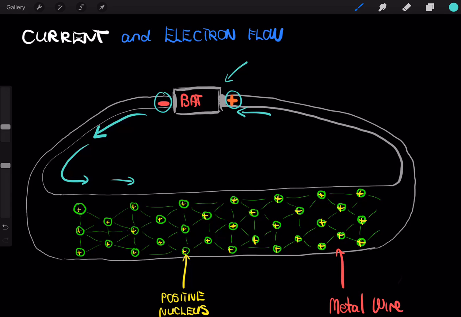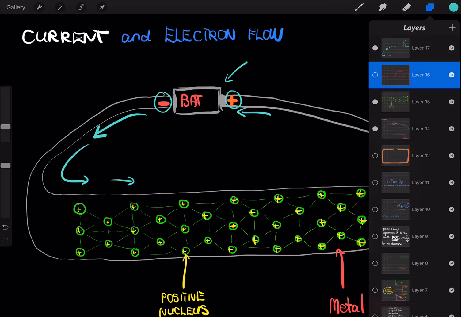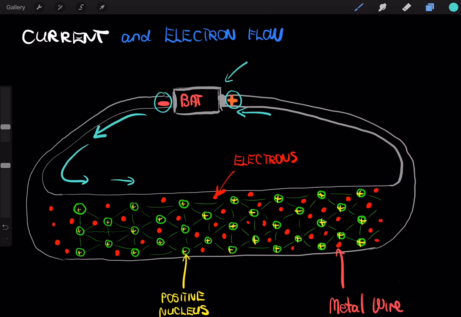And those nuclei are connected in basically a crystal structure or a lattice, and they're not free to move. They're stuck where they are. So they can't really move. On the other hand, the electrons, which are sort of swimming around between those nuclei, are free to move. And that's why it's really the electrons that are carrying that current.